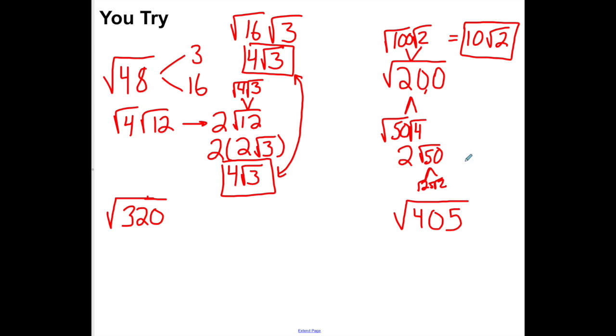So when you do those square roots, the square root of 25 is 5, and then you get the square root of 2. Then you take the numbers outside of the root and multiply them, the 2 and the 5, and that gives you 10 times the square root of 2. Again, it's the exact same answer, but it's not simplified until the number inside the root cannot be broken down any further. Okay?